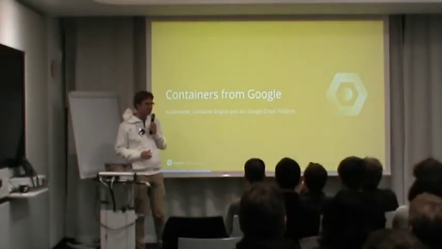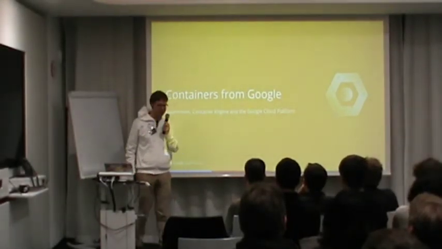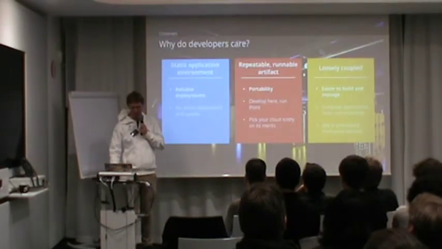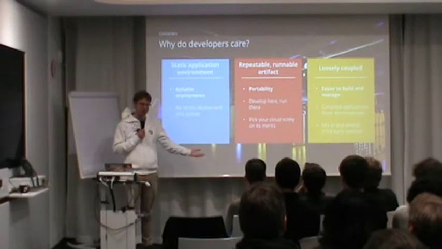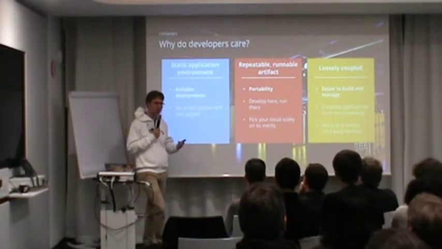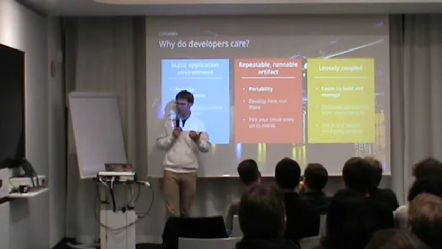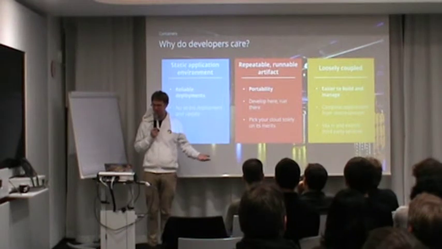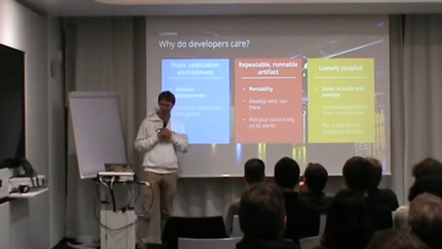Now what do we offer in container products? It's kind of different things. Well, first of all, why should you care? Well, because of all the things I mentioned. You want to deploy things reliably, you want to make sure you can schedule, you want to have portability, like you have with Docker images, and you can manage things much easier because you have a loosely coupled service.